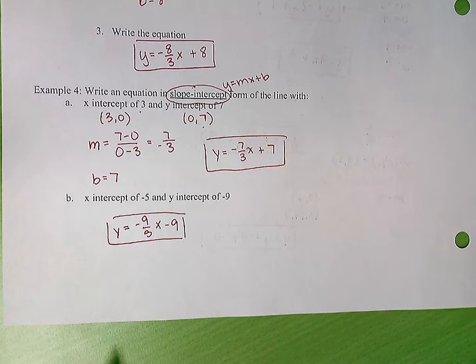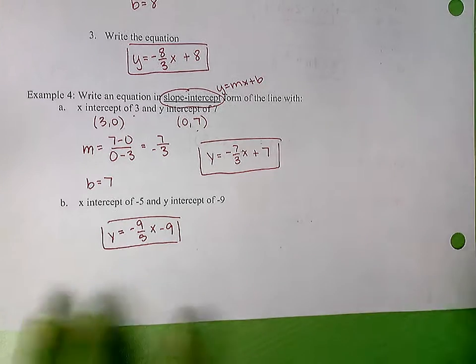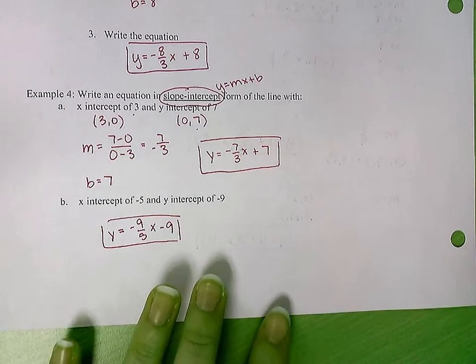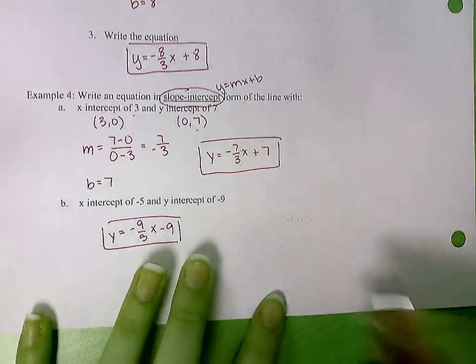Okay, for letter B, this is the equation of your line. What I want you to do now, before you get started on your assignment, I know some of you have already started, that's okay.